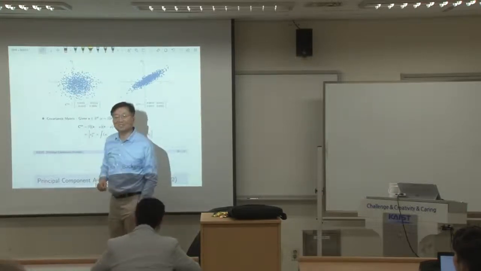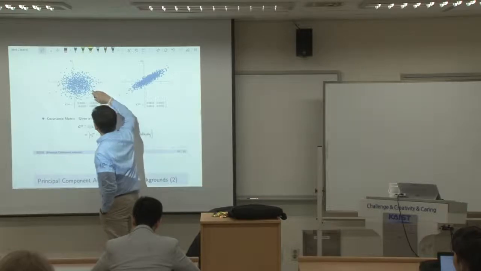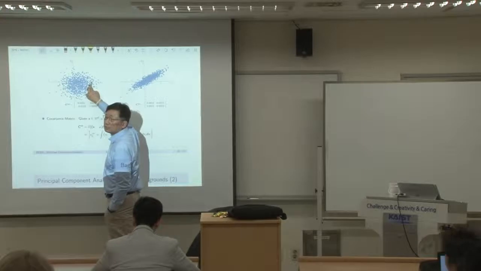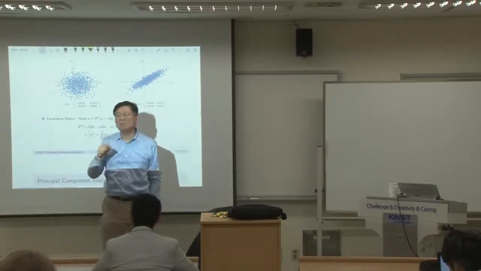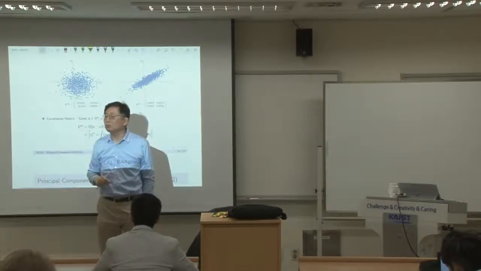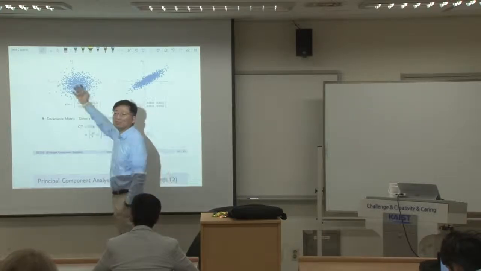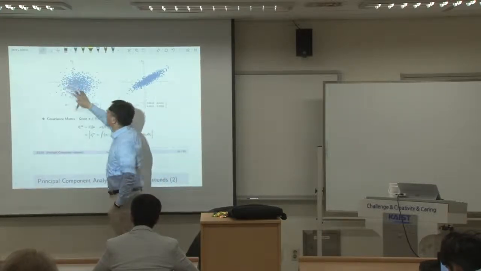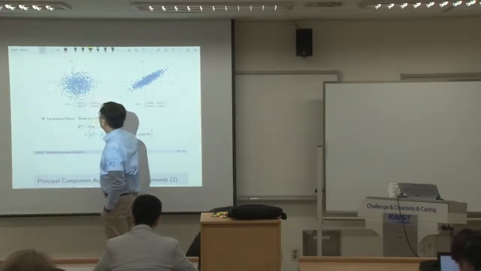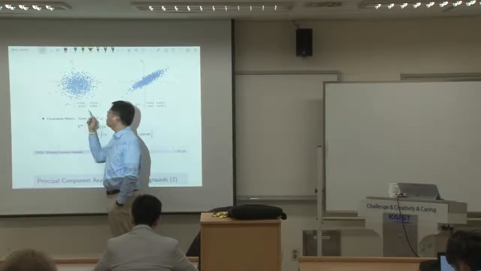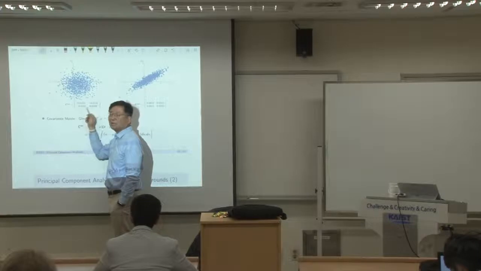Another way of saying this: if I look at the value of x1 of any of these points, can I make some prediction about x2? No. It's difficult because they are just spread in a circle like this. And you can see that the covariance matrix is in a sort of diagonal form.